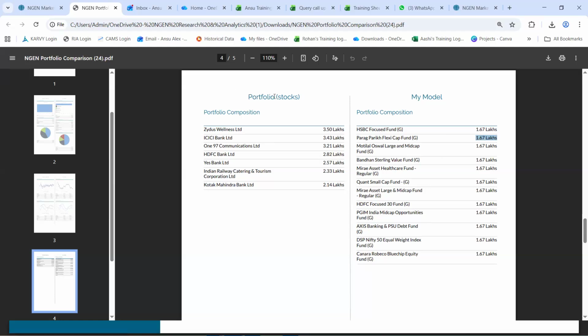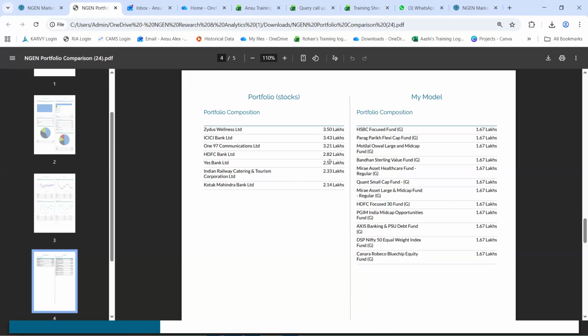And same happens to this stocks portfolio as well. All the components, the 20 lakh has gotten distributed basis the allocation of each component in the portfolio. So this way it can be used as an actionable proposal as well. Before the trade is executed, you get to know what amount is put into each component.